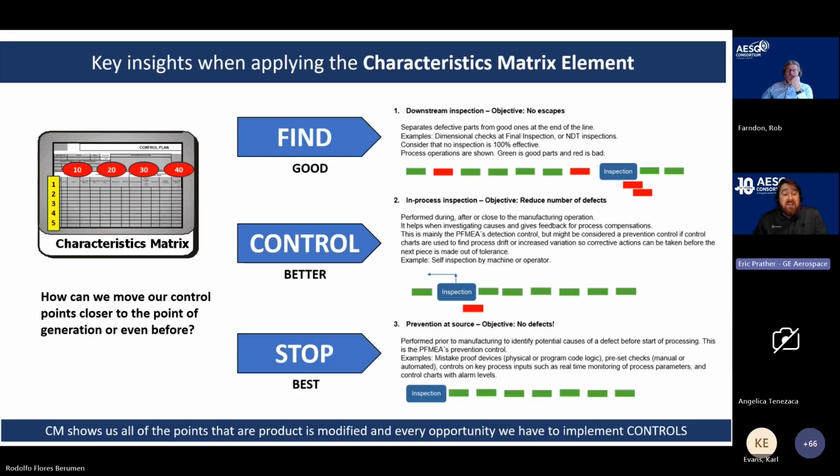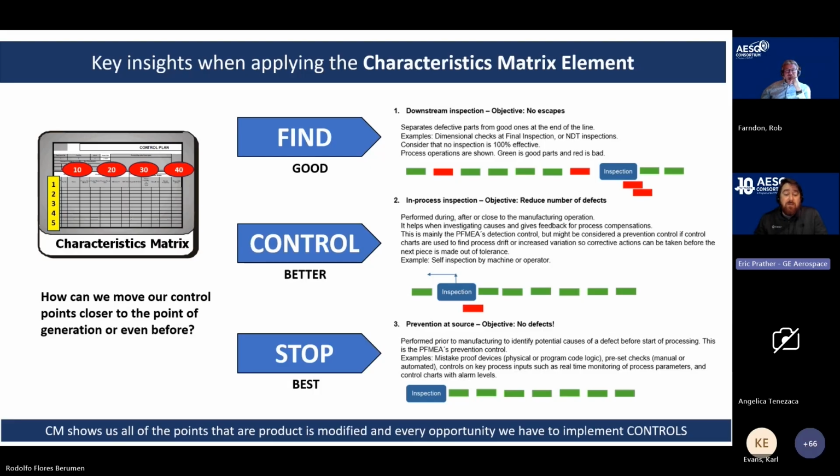The step below that, control, is a much better strategy. So in process inspection, we're not sending things downstream. We don't have a bunch of WIP built up. We're not putting value into the part that we might have to rework or scrap. We want to move our inspection as close to the point of generation as possible. Finally, stopping them altogether is best. Prevention at the source. Can we error-proof it? Can we poka-yoke it? Do we have mistake-proof devices, preset checks?